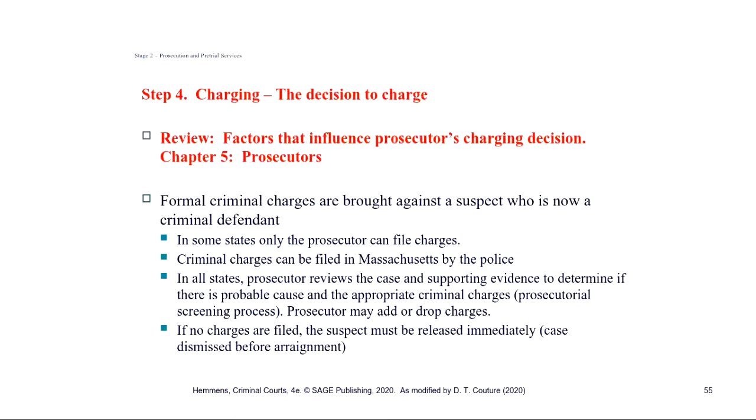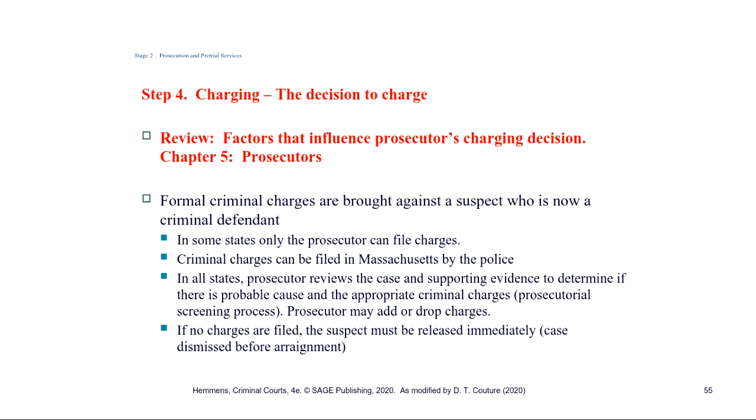If you have questions, please stop me. Okay. In some states, as I mentioned, only the prosecutor can file those criminal charges. In Massachusetts, in some states, it's called a complaint. In other states, it's called an information. Regardless, and even in states like Massachusetts, the initial charges by law enforcement stated in the complaint are subject to review by the prosecutor to determine whether or not there is sufficient probable cause and whether or not there are charges that are missing or charges that should be dropped.